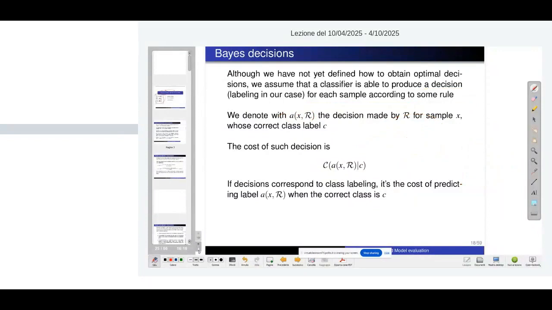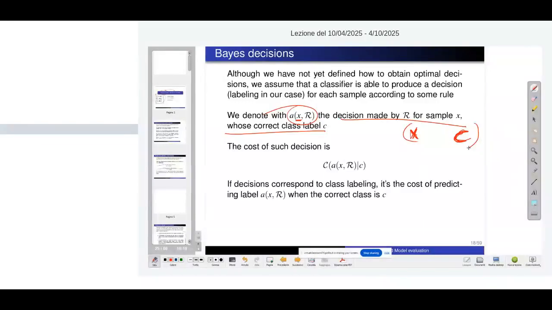So for a sample x, I have a function that gives me the decision that the classifier makes for sample x. And then, of course, for each sample, I have a label that is the class label of that sample, that is C. For the moment, we are talking in theory, so we may not have access to this quantity, but we assume that each sample has a class label.